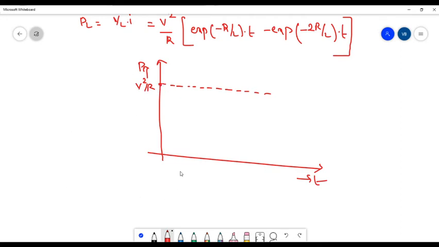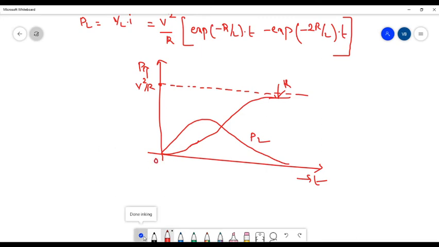Then the P value for the resistor is exponentially increasing, there is no change. But here we got V square by R minus that, which is a subtraction, so the response will change like this. This is the response for PL. So this is the way we can calculate the DC response of an RL circuit.